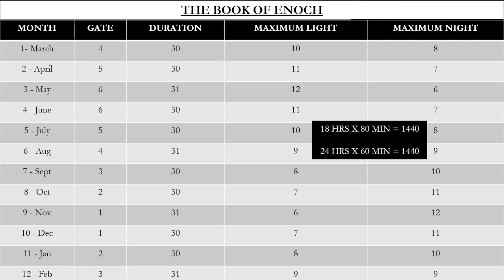However, when you multiply the 24 hours times the 60 minutes, that's still 1,440 minutes. So you can see that whether it's the solar calendar or the Roman calendar, they both have 1,440 minutes in them, but the way they are divided is different. This is why it's important that you use the solar calendar for computing your holy days.